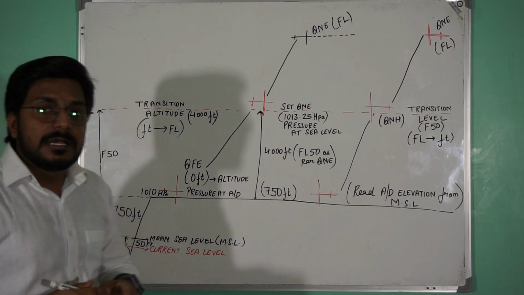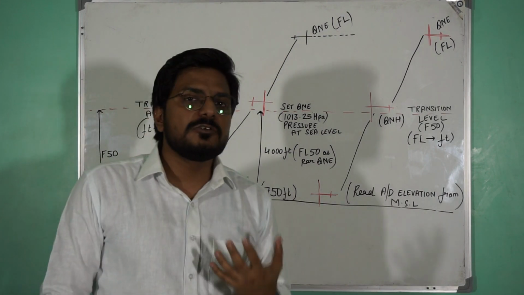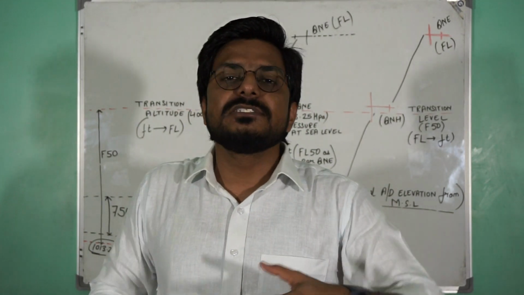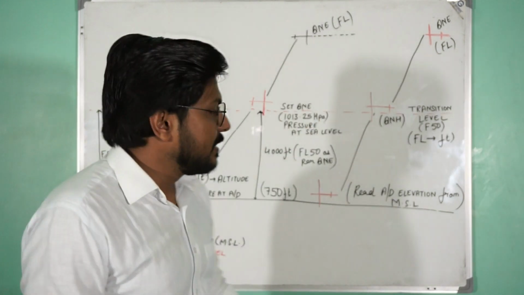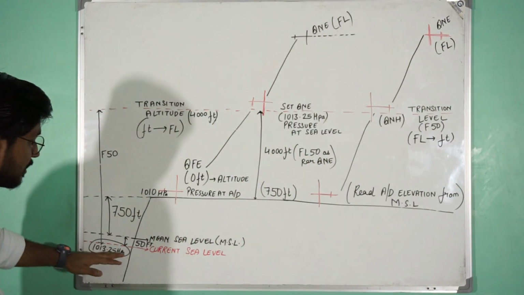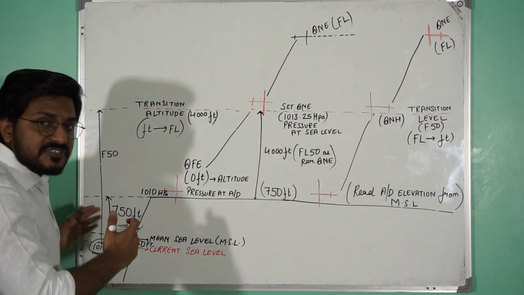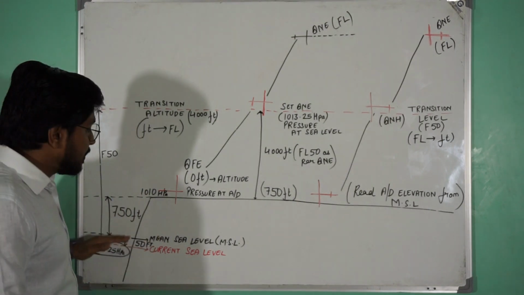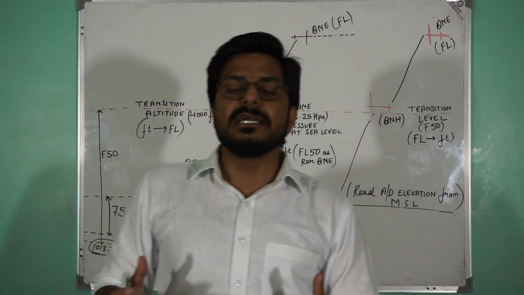But you will experience that the pressure at the airdrome is not 1010, it is 1009 or 1011. That is actually not correct as per the airport elevation and the rate of change of pressure, where there is a fixed decrement rate for the pressure. But here I am not getting the same pressure which I have calculated. Why?